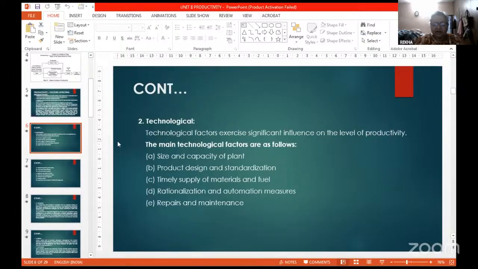If it is not working properly, naturally your productivity will be affected. You won't get the things in time, and maybe the quality of the product will be affected. So these factors are going to affect your productivity.